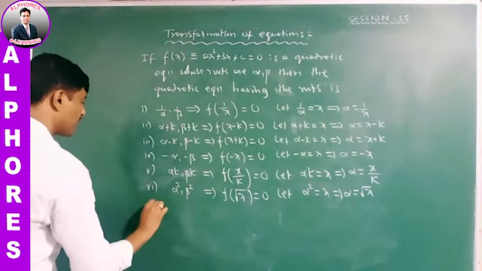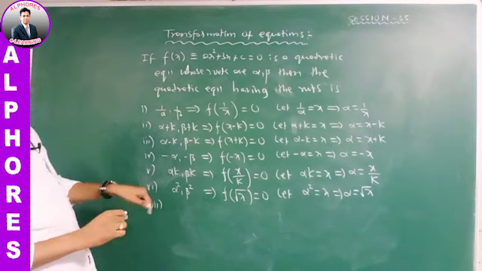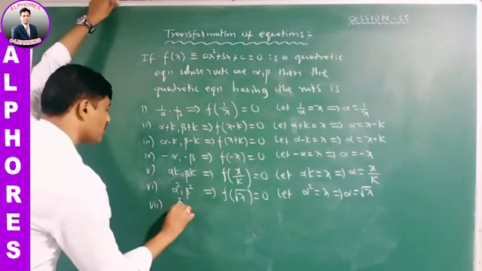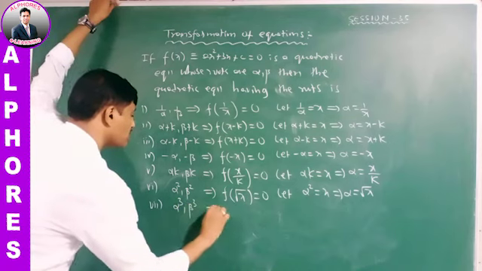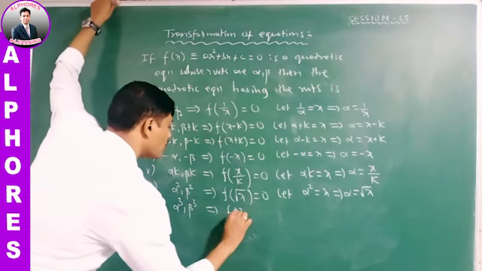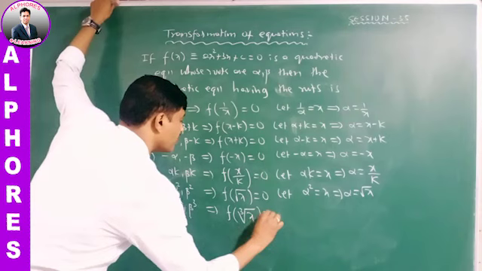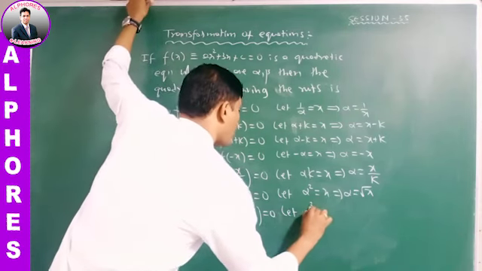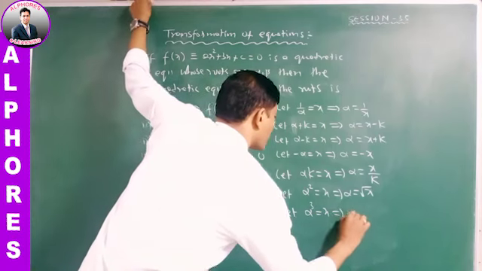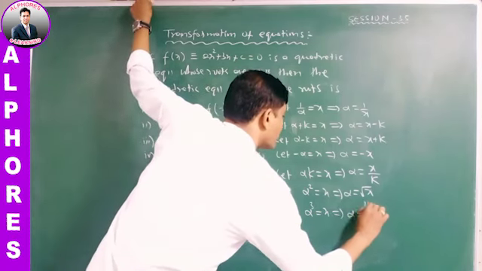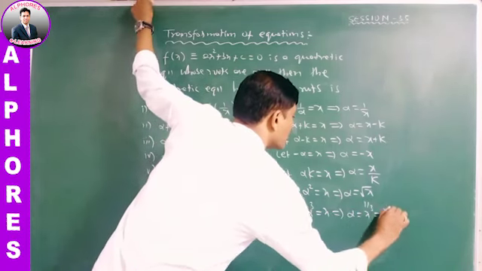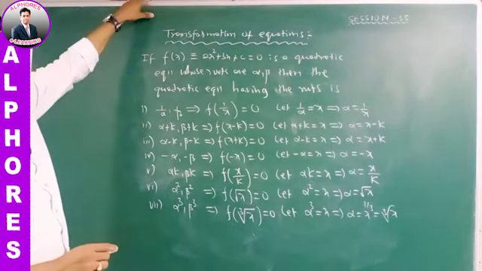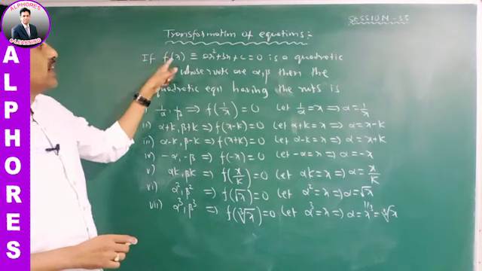Next one, whose roots are cubes of the roots of the quadratic equation, means alpha cube, beta cube. In this case, f of cubic root of x is equal to 0. Just take alpha cube is equal to x, that implies alpha is equal to x power 1 by 3, in the sense cubic root of x. These are transformed equations of a quadratic equation.